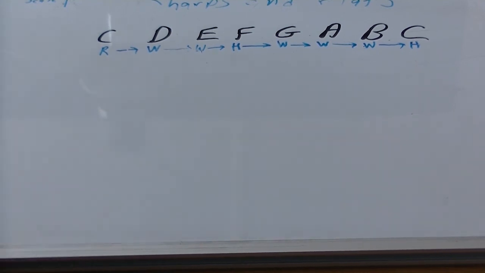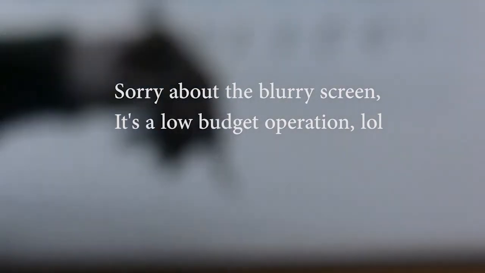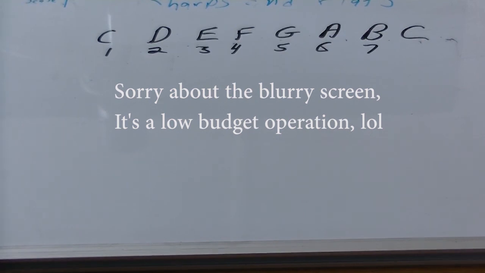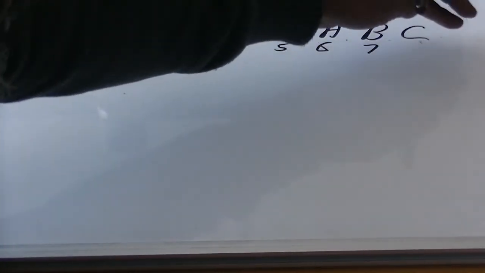Once you have your notes figured out, go ahead and write in the numbers of your scale, just like we did in lesson 3. And then go ahead and derive your scale tone chords using the method that we learned in lesson 3.